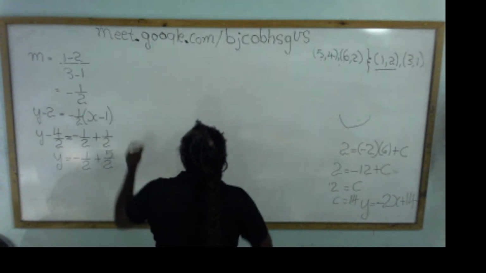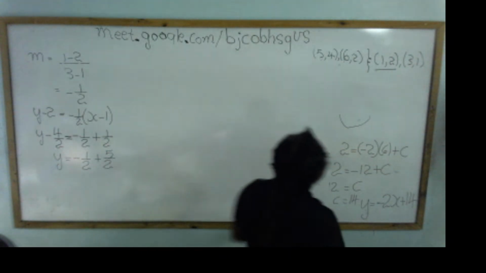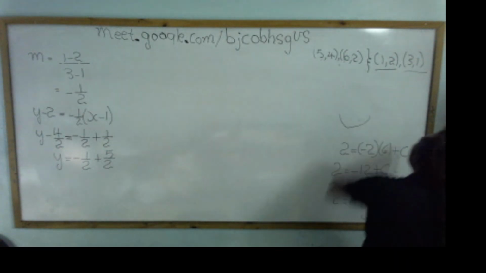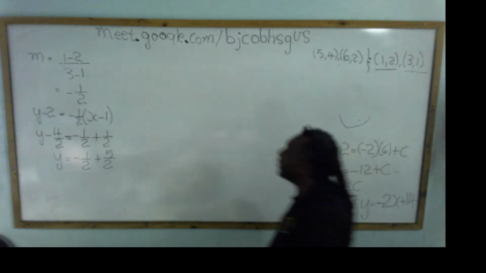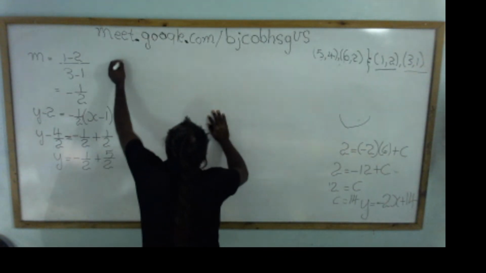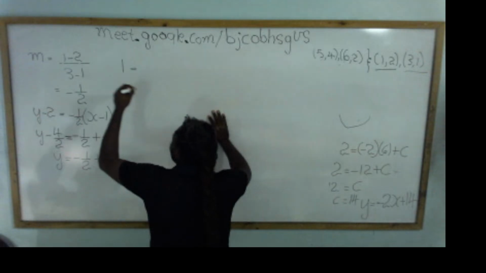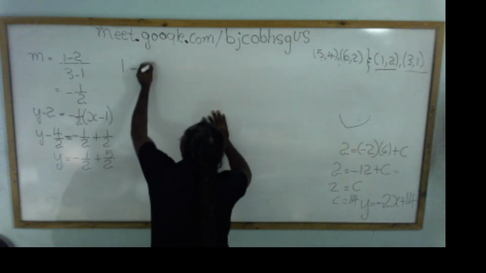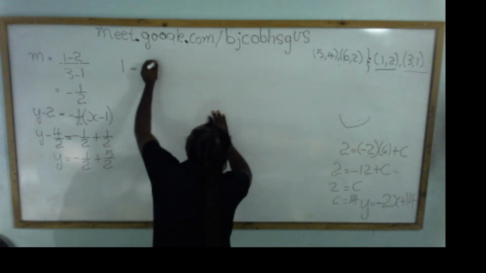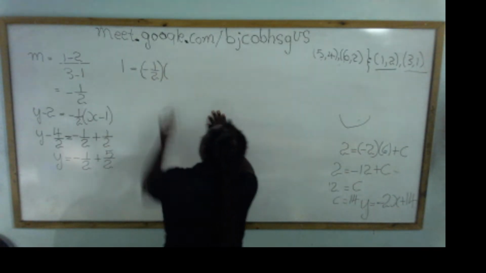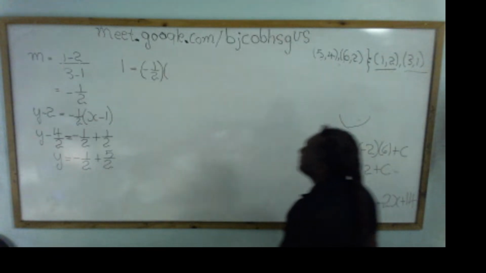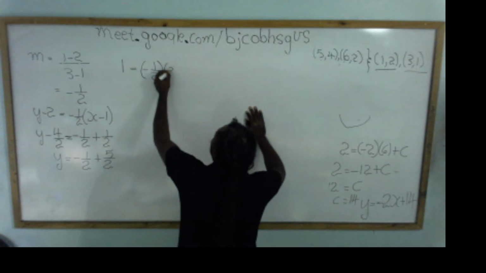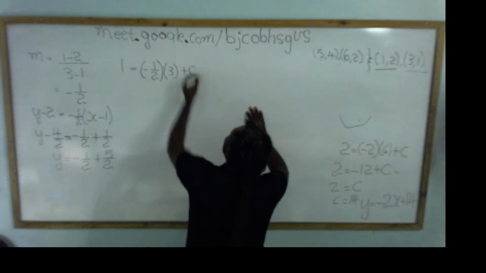y is equal to mx plus c. So we're going to use y is equal to mx plus c with this one. Of course, the value of y is 1. The value of x is 3. So y, which is 1, is equal to m, which is negative a half, times x, which is 3, plus c.